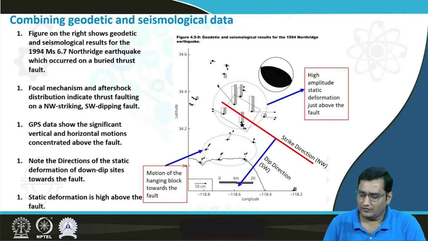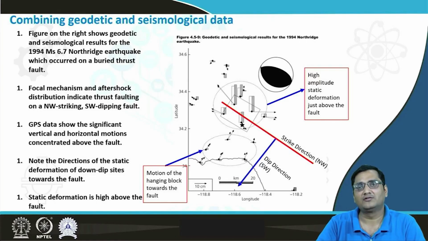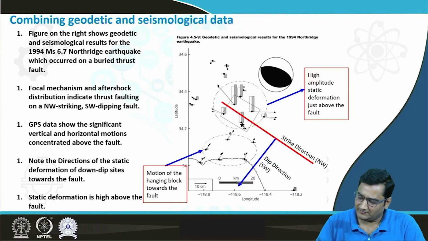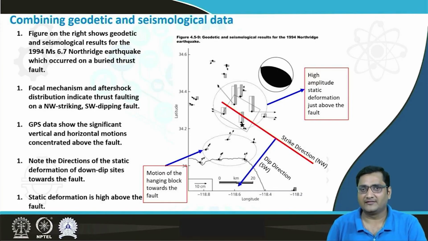Now, if you look at this particular example where both kinds of data sets, the geodetic and the seismological results, are being inverted or modeled together. In this particular figure, the earthquake of 1994, famously known as the Northridge earthquake, which happened in California, has been taken as an example.